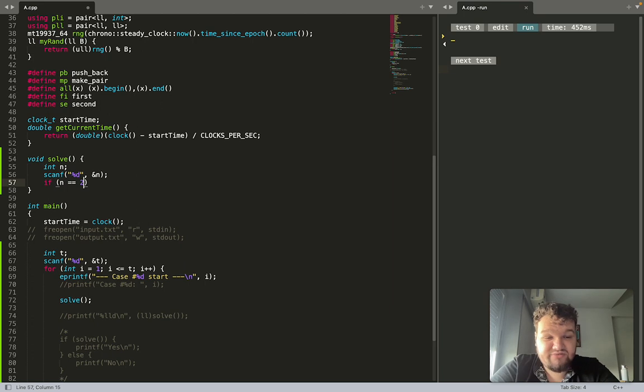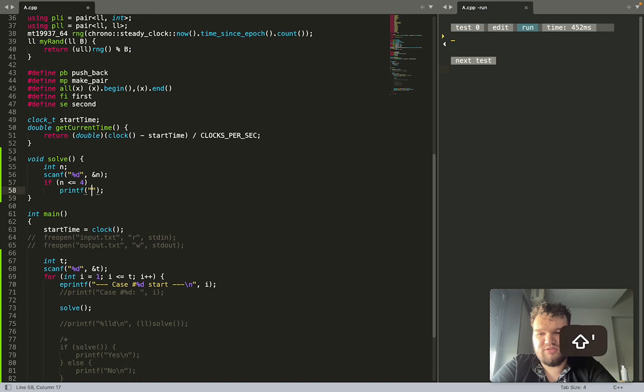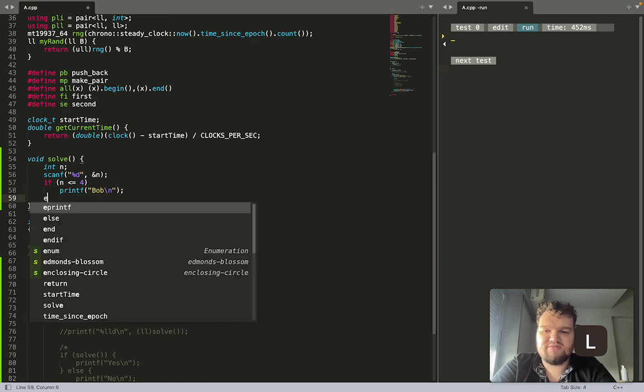If n is 3, then independent of what Alice's move is, Bob will win, because again he doesn't have any valid moves. And if n is equal to 4, Alice cannot take all 4, Alice cannot take 3, she can take 2, but then Bob will take the other 2, and then Alice has a valid move. So if n is at most 4, then Bob will win. Otherwise, Alice will win.